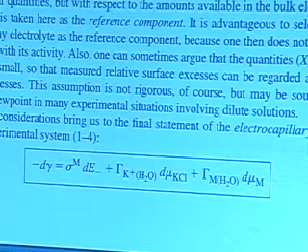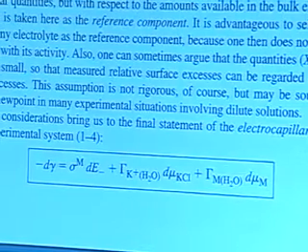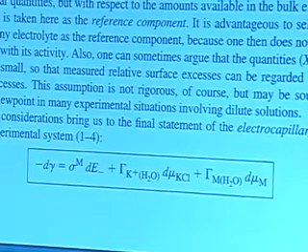So one of the variables that is a species of concern in the case of one of the materials being an electrode, as it was there, is actually the charge on the surface of that electrode.